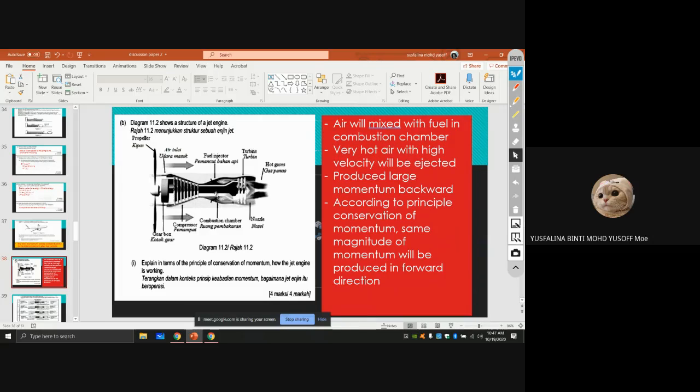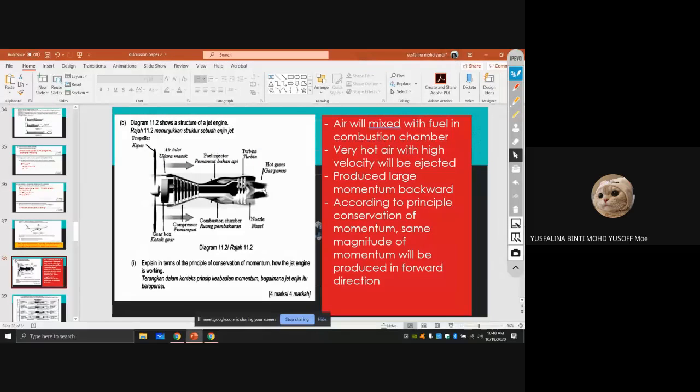So there will be a combustion, a burning process here. When the burning occurs, the hot air is ejected at a very high velocity, and it will produce a large momentum backward.